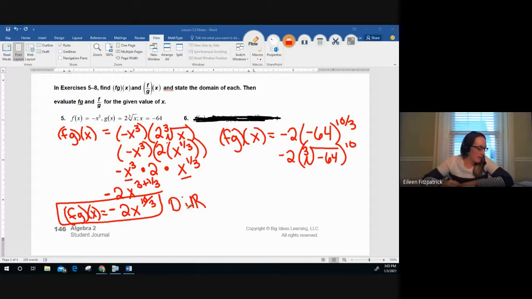All right, and then multiply by 2. And you'd obviously probably want to grab a calculator for this one because it is quite a large value. It is negative 2,097,152. And there's your evaluation.